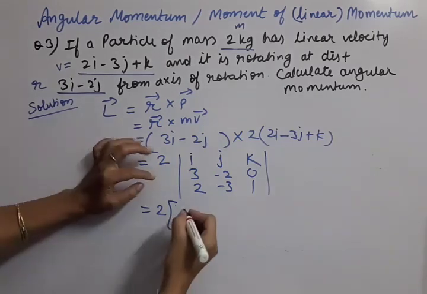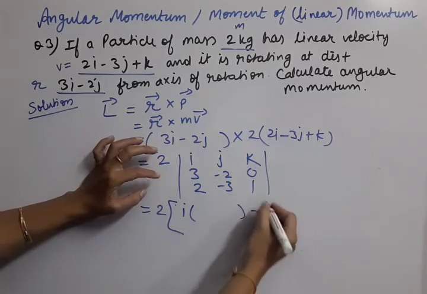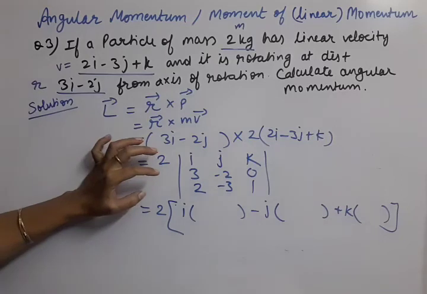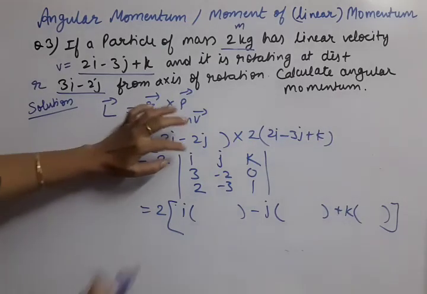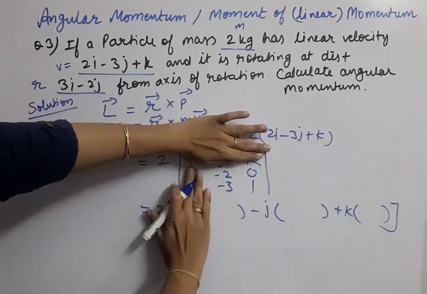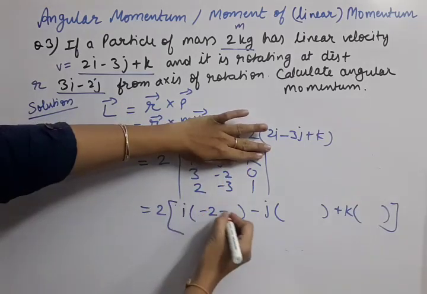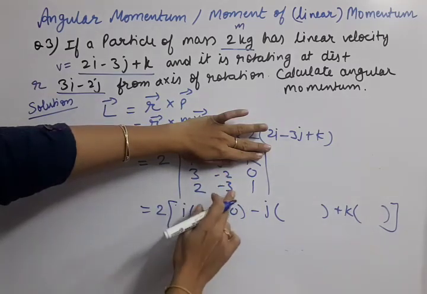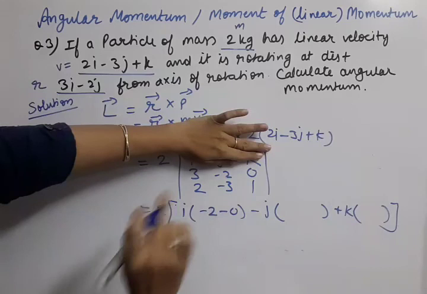So how do we solve? i, j and k. Now hide the row and column in which i is there and cross multiply. So minus 2 into 1 minus 0 will come, that is minus 2, minus sign, 0 into minus 3 is 0.